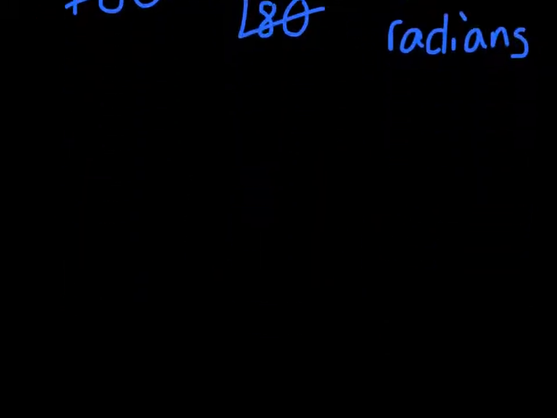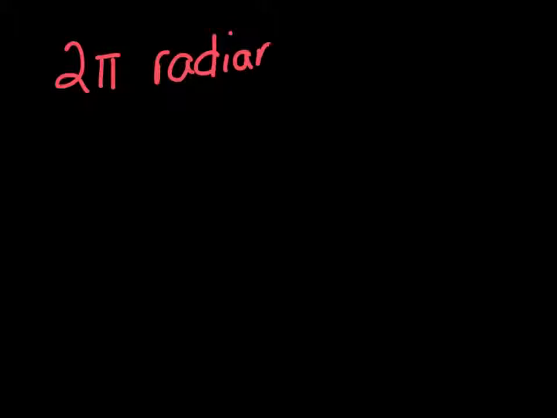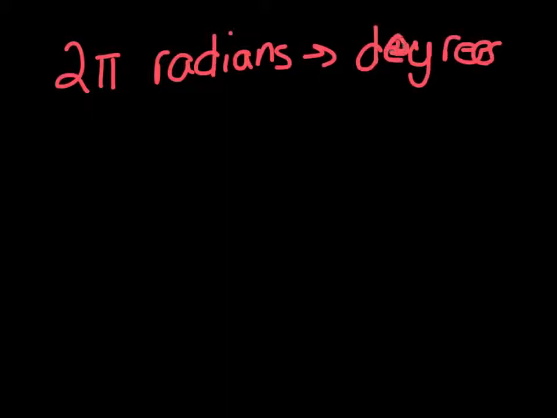Let's say we have 2 pi radians, and we want to go to degrees. To do this, we would do 2 pi times 180 over pi.